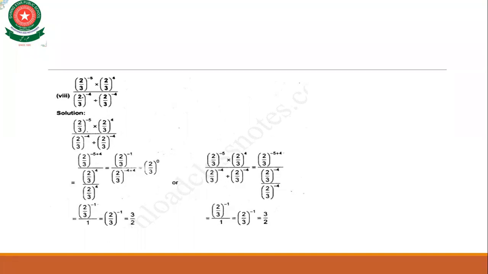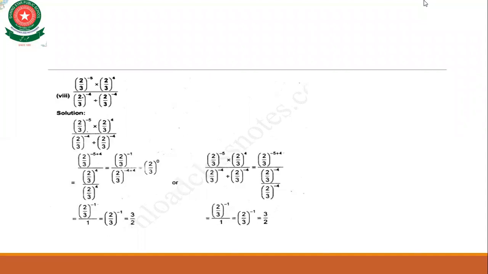So we'll write the equation as 2 over 3 power minus 5 plus 4 over 2 over 3 power minus 4. Then we cancel the second and third parts in the denominator. So we will get 2 over 3 power minus 5 over 1, which is equal to 3 by 2.